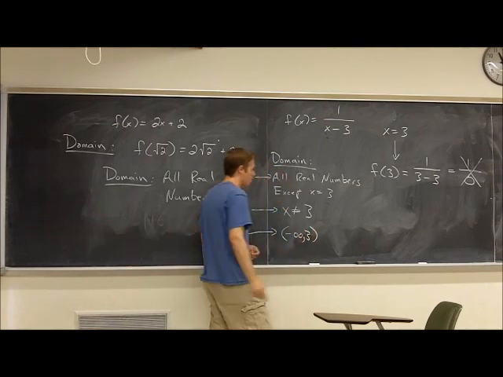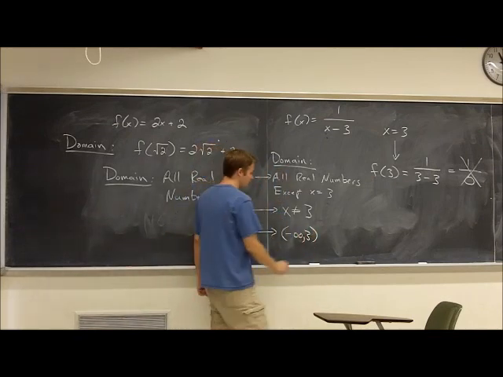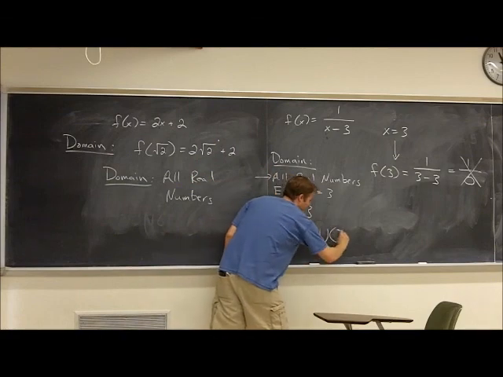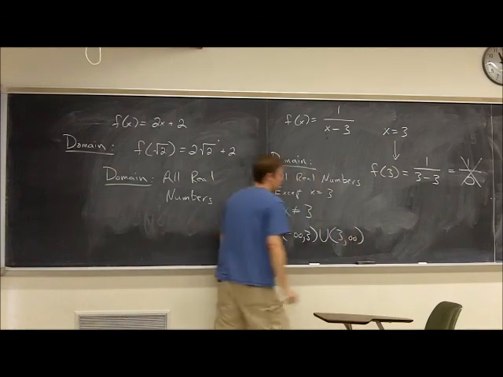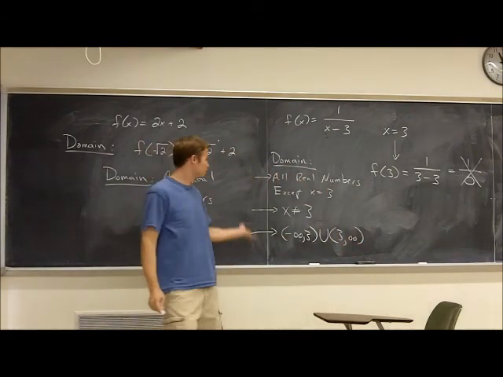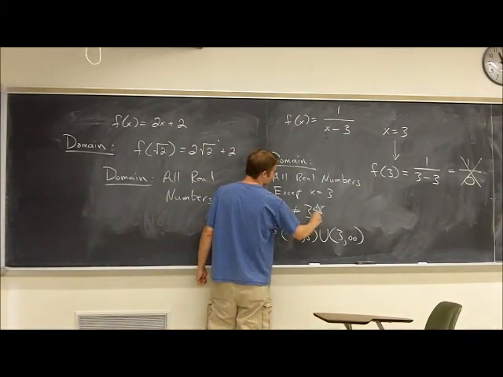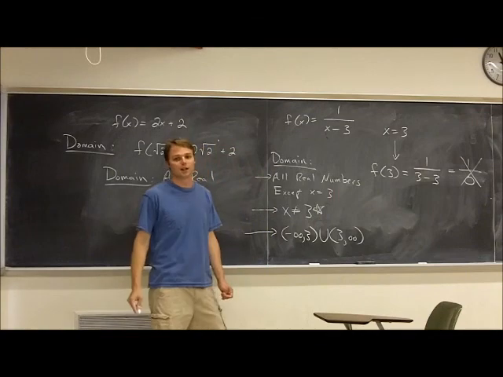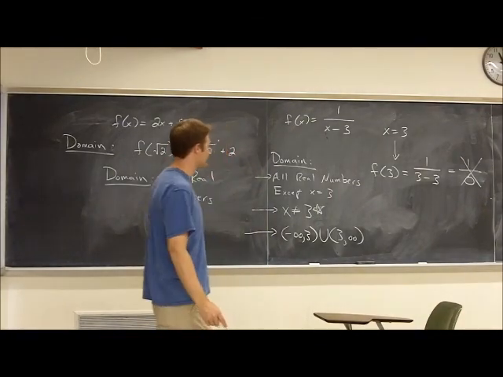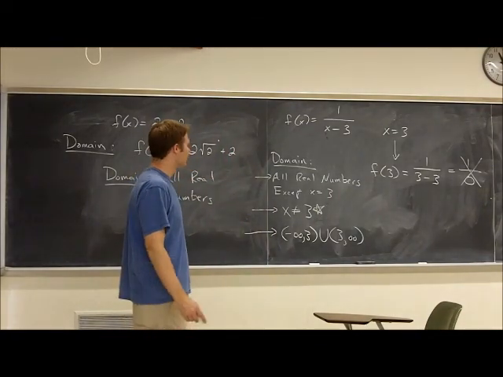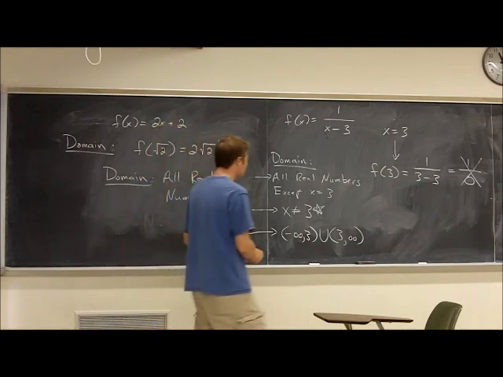I could say it's all the way from negative infinity up to 3, not including 3, and then from 3 to infinity. So these are the 3 ways I could have written this. Most of the time, this is typically the easier way to write something like this. Just write x not equal to 3, and that'll definitely get your point across.